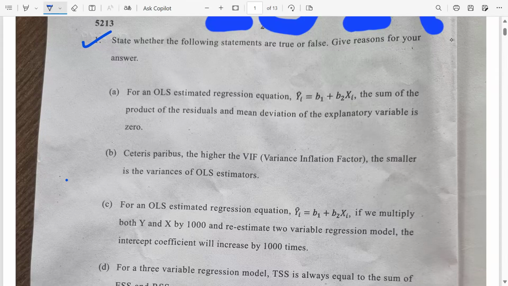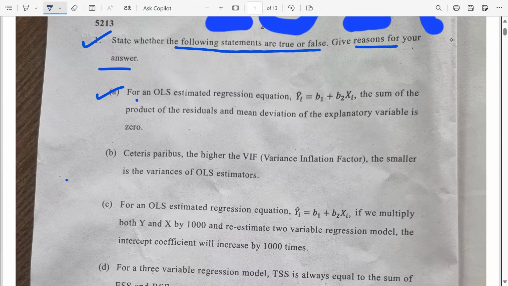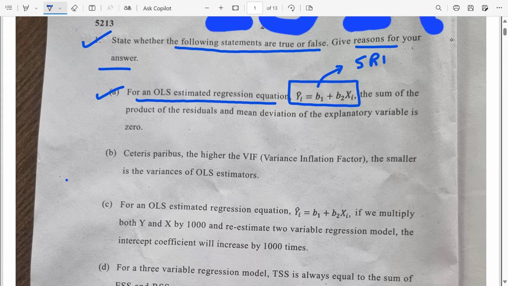We need to see whether the following statements are true or false, and we also need to give reasons for our answer. For an OLS estimated regression equation, yi hat is equal to b1 plus b2 xi. Students can see this is nothing but the sample regression function, SRF. The sum of the product of the residuals and the mean deviation of the explanatory variable is 0.